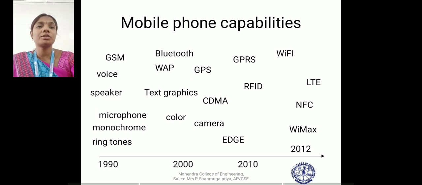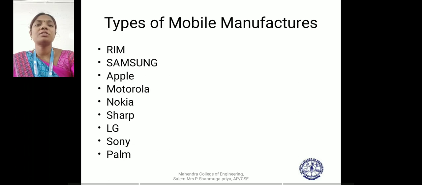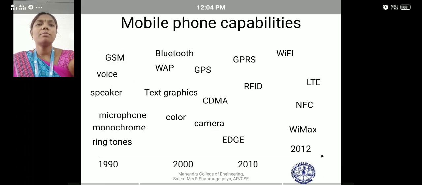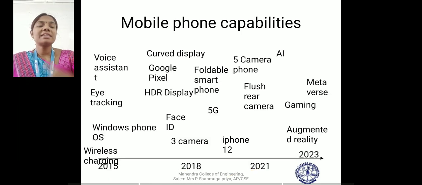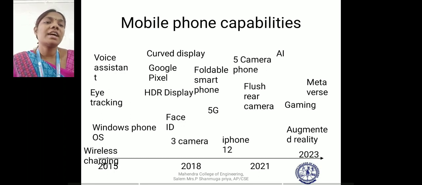So as you can see, the progression has evolved, and there have been so many types of progressions shown here along with the years. All these years help in understanding the different types of innovations that have progressed.